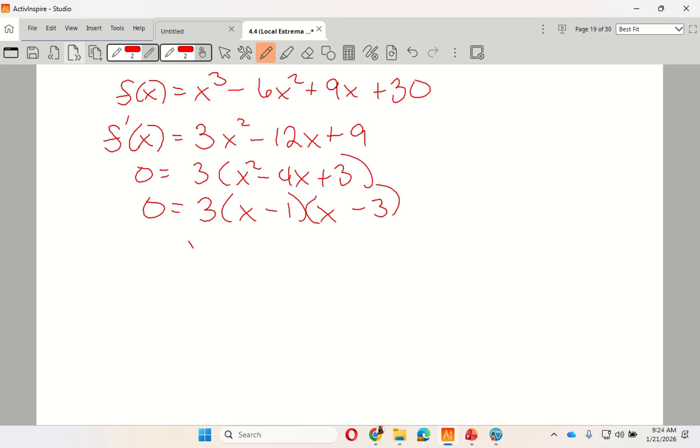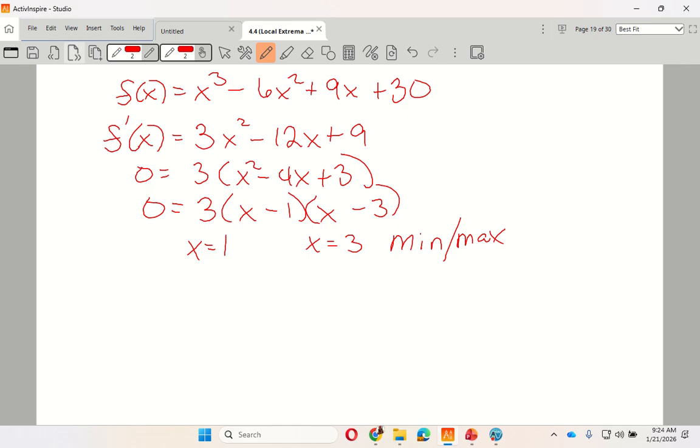Right here, I get x equals 1, x equals 3, and those are going to help me with min maxes. We need to find out which ones are which. We will in a second.